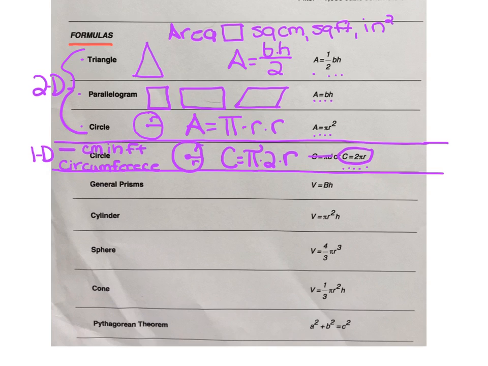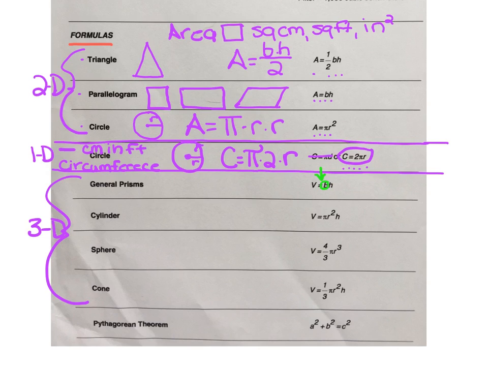And lastly, let's go down to the bottom and look at the formulas we're going to use for volume or 3D measurement. When it comes to the volume of solids, we're going to use these formulas. Let's take a look at the main formula.